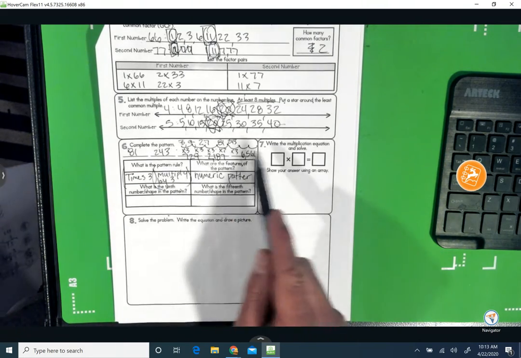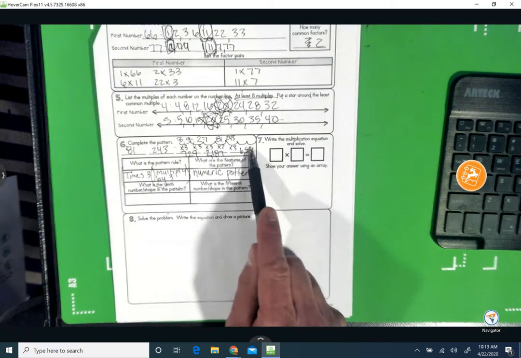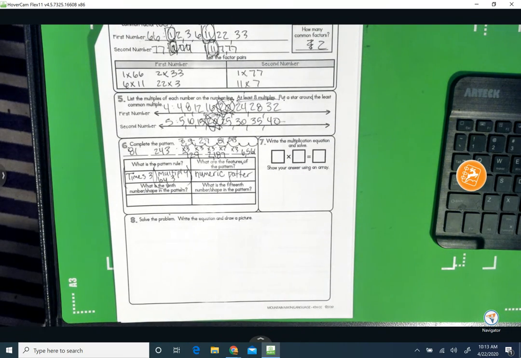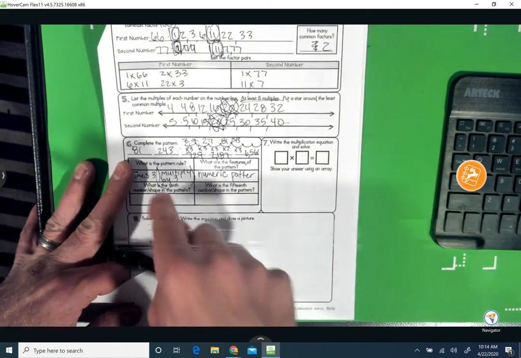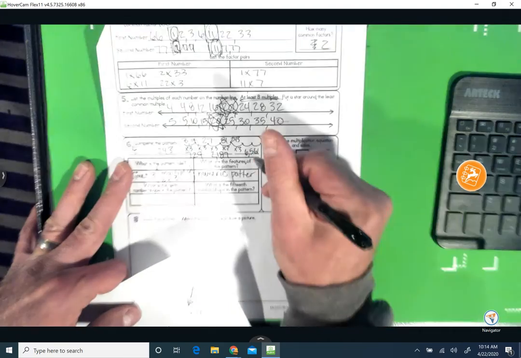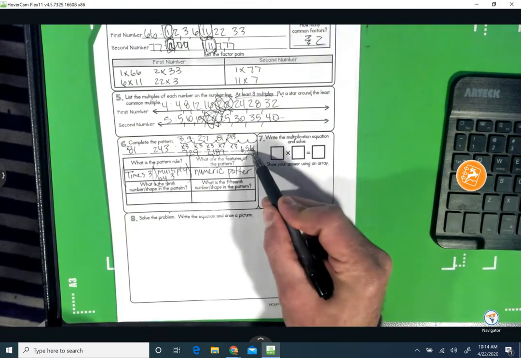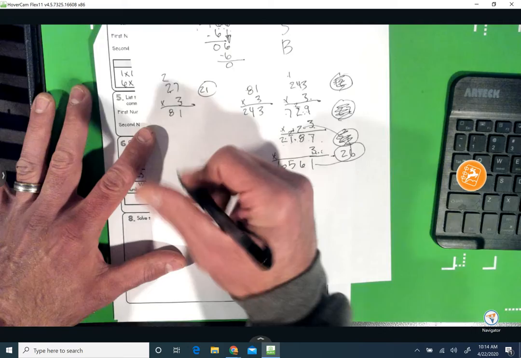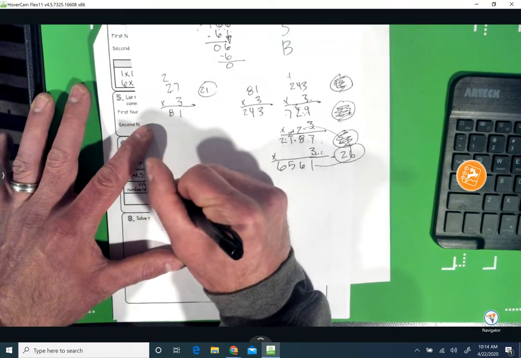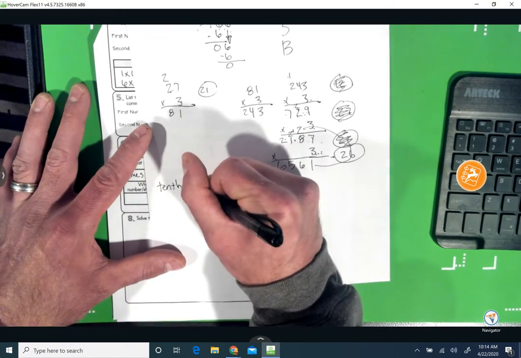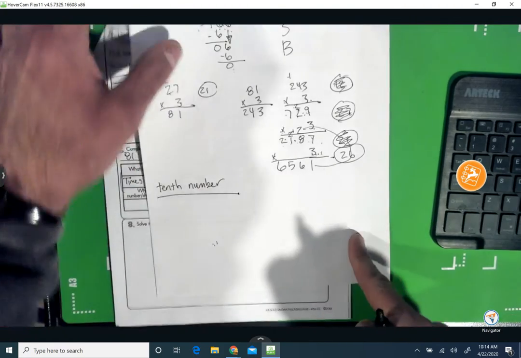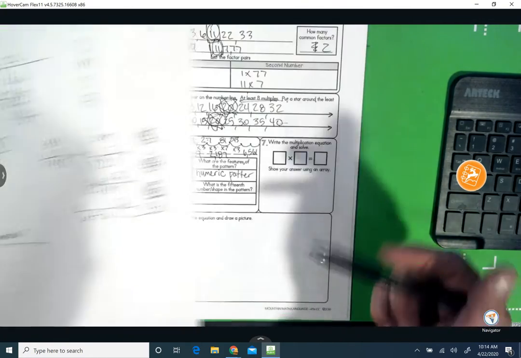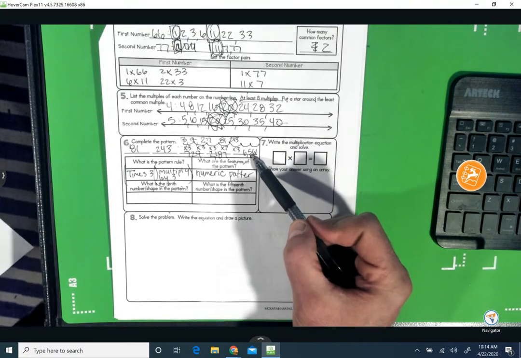And now I am going to have to think about what is the 10th number in my pattern. Well, I found 1, 2, 3, 4, 5 numbers in this pattern. So why not take these 5 numbers and say, okay, I've already done 5. I can double it and I can make 10. So if I multiply 6,561 times 2, so this is for the 10th number, and I'm going to leave this for you to do. But if I have the 5th number, I can multiply my 5th number in my pattern.